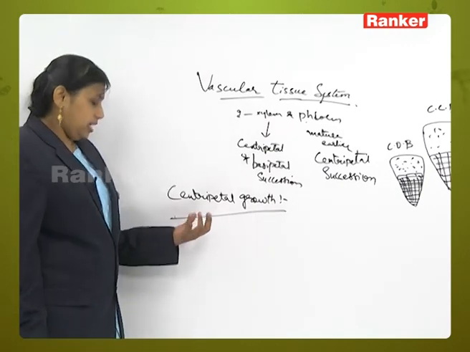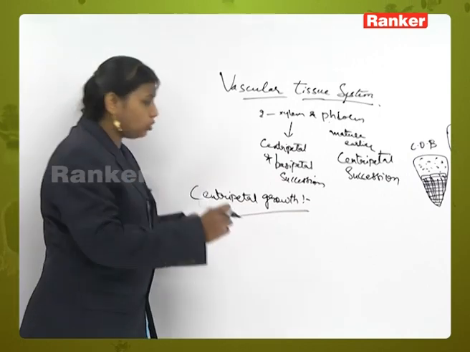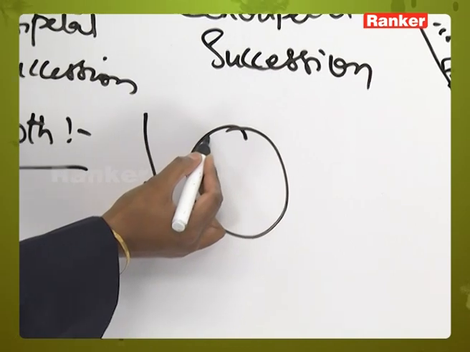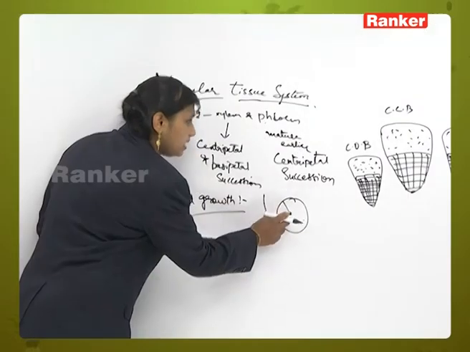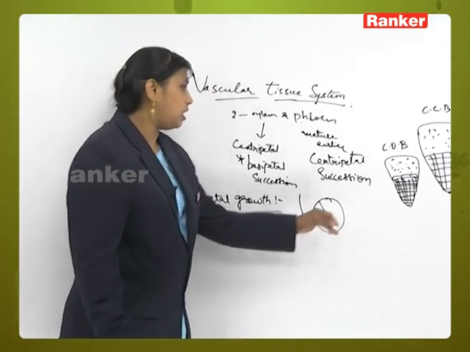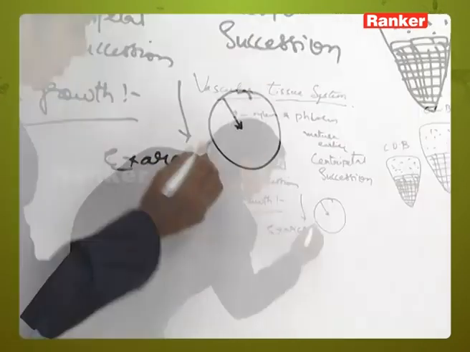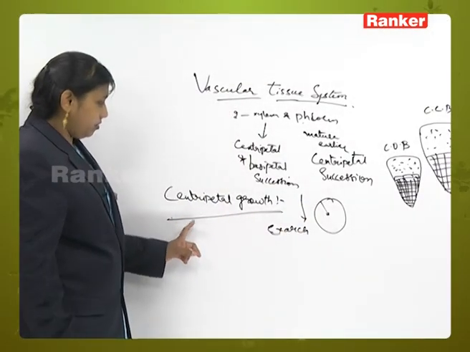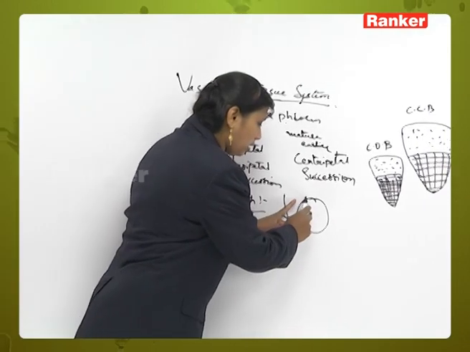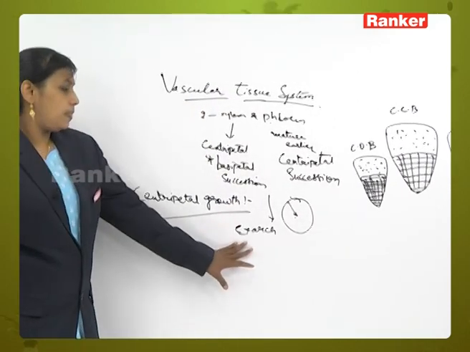In this type, the initial elements of the xylem are differentiated from the outer region towards the inner side, towards the center. This type of xylem is called exarch xylem.